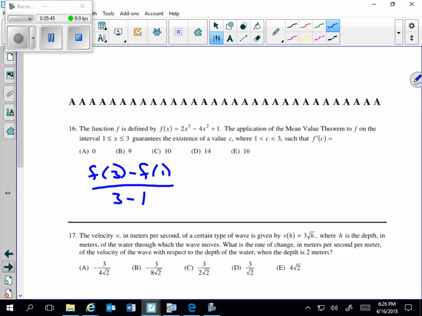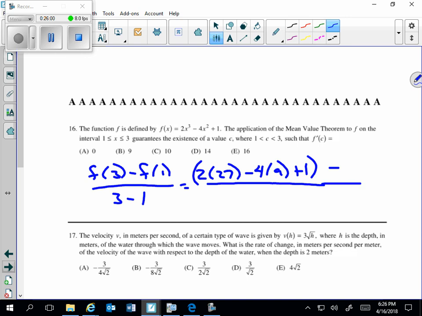All right. F of 3, what does that look like? 2 times 3, 9, 27, minus 4 times 9 plus 1. That's my plugging in of 3. Plug in 1, and I get 2 minus 4 plus 1. The parentheses I just threw in there are pretty important.